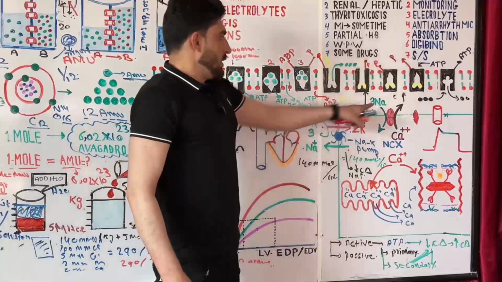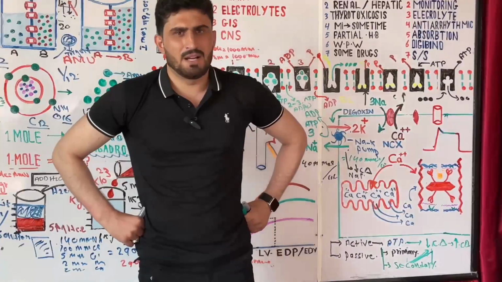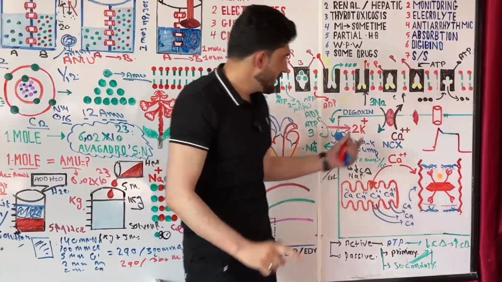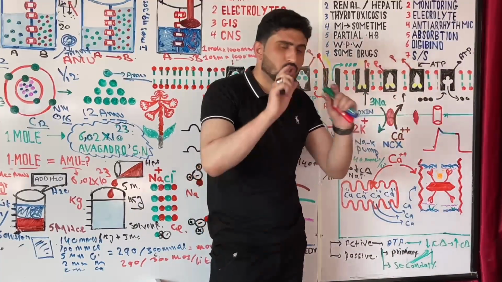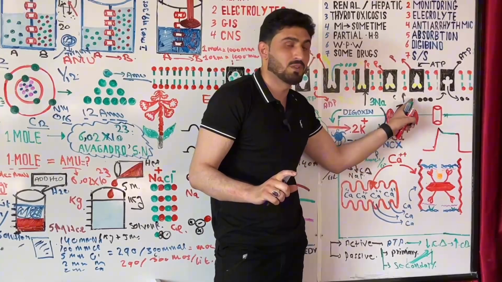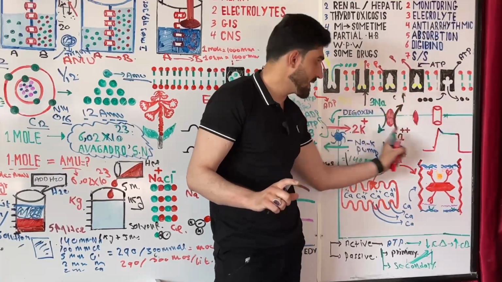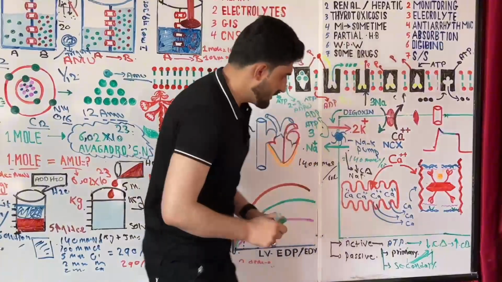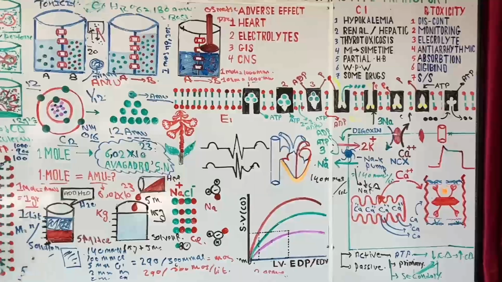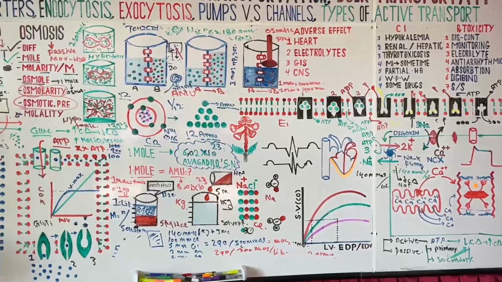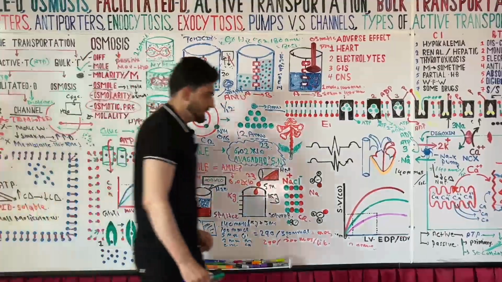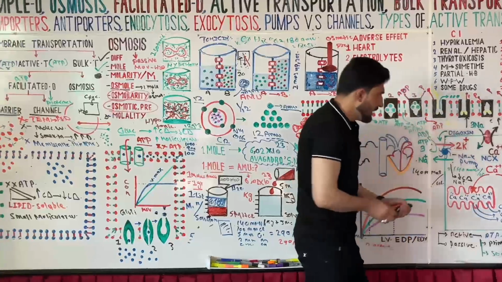Okay, I told you before that in secondary active transportation we always move two things from the inside of the cell to the outside, or from the outside to the inside. But there are two terms. One term is called symporters, another term is called antiporters. So what does it mean? Let me clarify it.